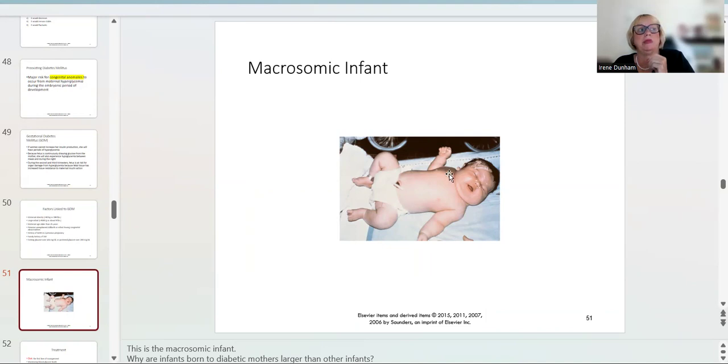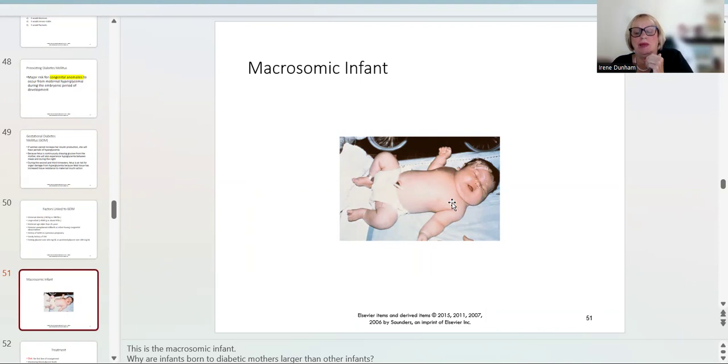This baby, if the head got out, would probably come with a 4th degree episiotomy. His shoulders, he's at risk for a shoulder dystocia. That's shoulder dystocia. Those are big shoulders.